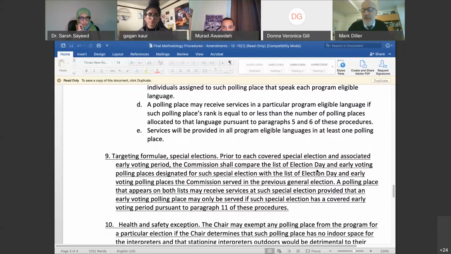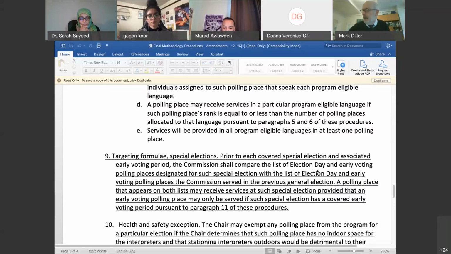That doesn't allow for the possibility that in the general we may have learned there was a need that we weren't filling, and that, assuming funds are available, we would want to fill that need. But this would, in effect, prohibit us from doing so. I wouldn't necessarily say that we'd be required to do it, because of budget and perhaps other logistical reasons. But I would be loath to prohibit us from doing that other than for budgetary reasons.